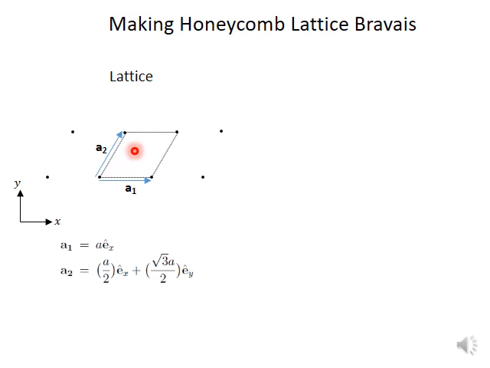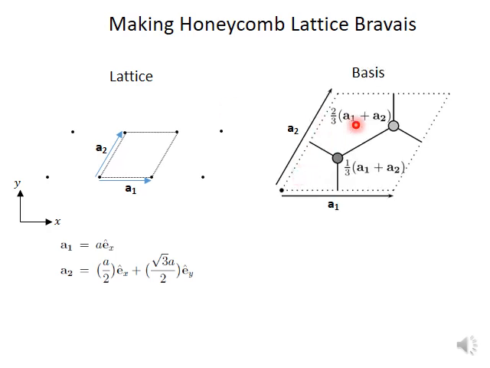So that's the basis, and in the basis we have two circles, one a dark circle and one a light gray circle, and this is our reference point. We have to identify the position of these two objects within a basis using these two primitive lattice vectors which we have defined.